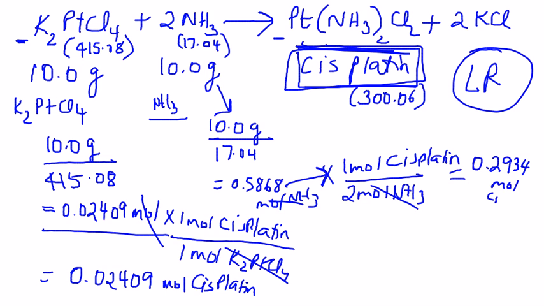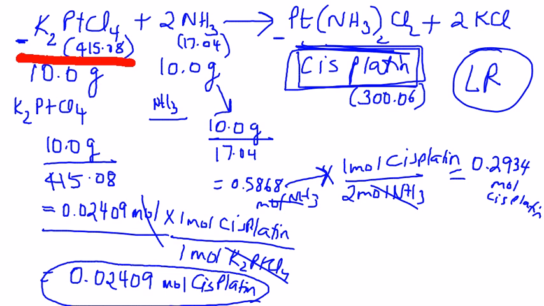Of course, the first one is smaller, so that is going to act as your limiting reagent. So the answer to the first part is that potassium tetrachloroplatinate is your limiting reagent.